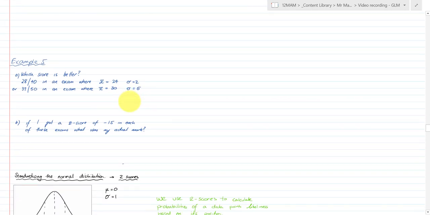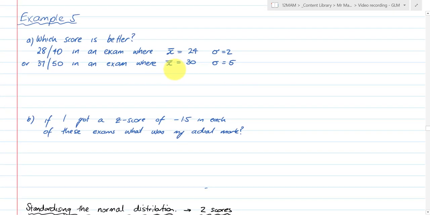So let's have a look at this. For example, if you're trying to compare a maths exam result to a chemistry exam result. 28 out of 40, which is 70%, in an exam where x bar equals 24 and sigma equals 2. So this would mean that the z-score, this so-called z1, is equal to 28 minus the mean, 24, over 2, that's sigma, and that's equal to 2. That's 2 standard deviations above the mean.